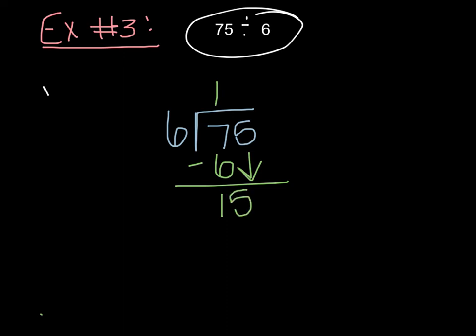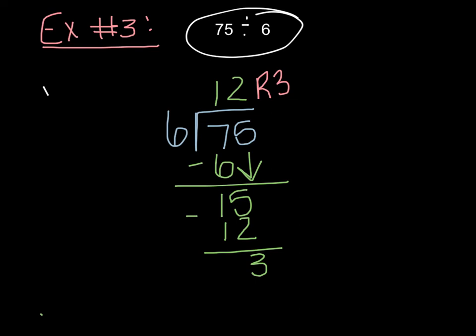How many times does 6 go into 15? It goes in twice. And 6 times 2 is 12. When we subtract, we get 3. So our answer would be 12, remainder 3.